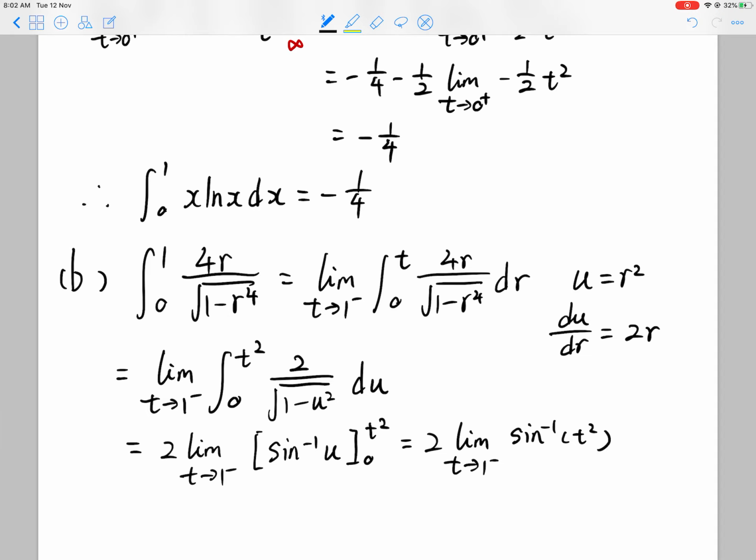Sine inverse 0 is 0, so that part disappears. Now when t is approaching 1, you can sub in: sine inverse 1, which is half pi, because sine of half pi is 1. So the answer is pi.